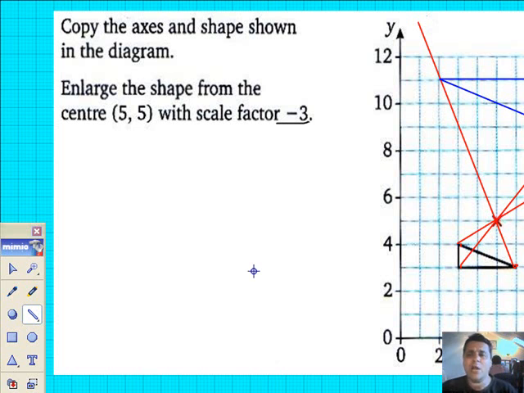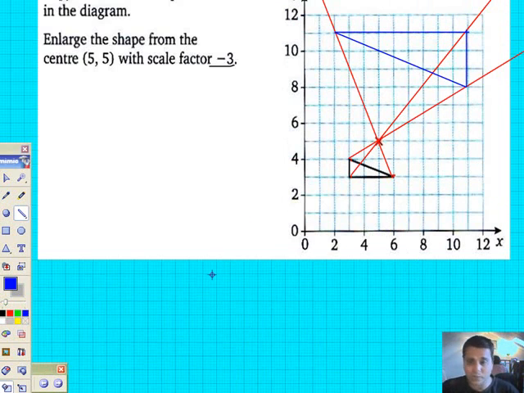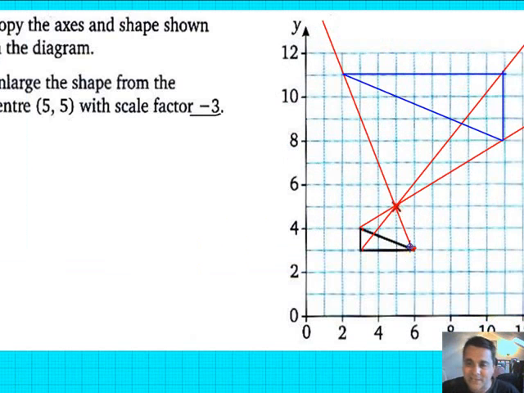But just appreciate what happens when you enlarge by -3. Now, if this was the centre of enlargement and we're coming across this way, through these vertices, through these corners, in this general area, then we'd be enlarging by a positive scale factor of 3 or 2 or whatever it says. But here, look, it's like we're flipping back on ourselves and enlarging in a negative direction.